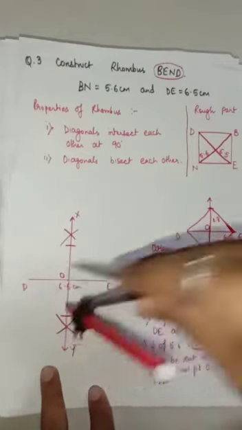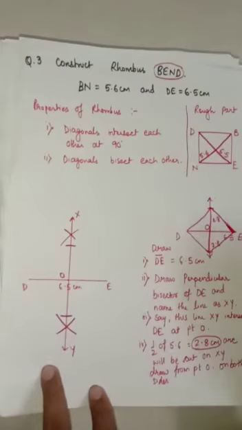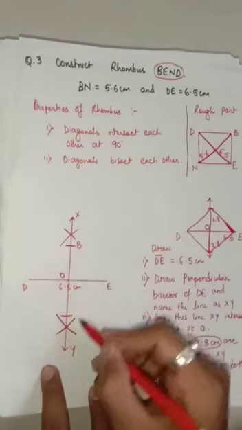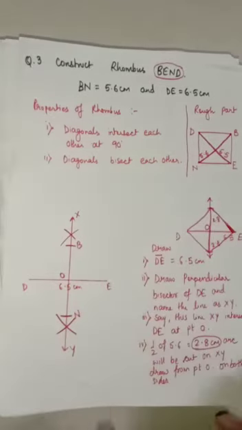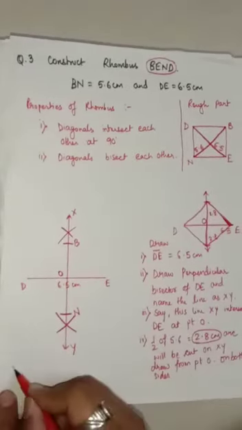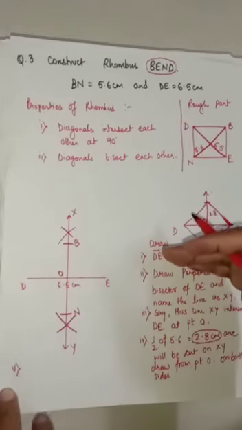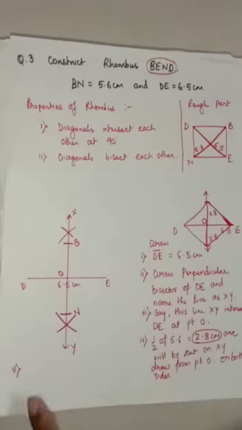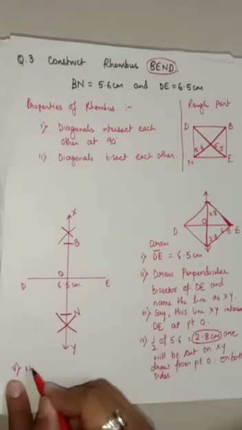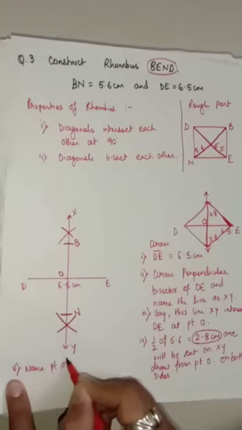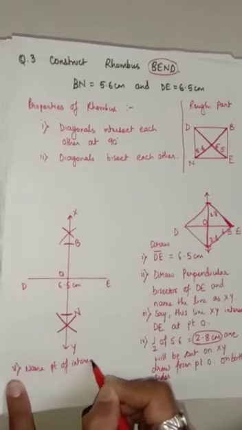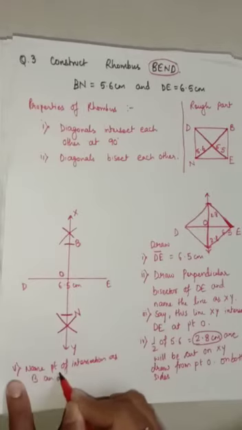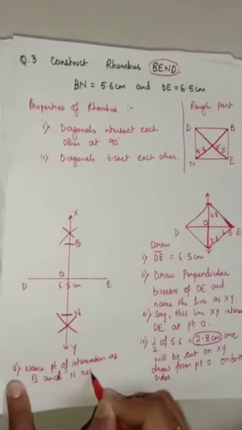These points which we got are B point and N point. Clear? The fifth point I am writing here; in the notebook you write it in a continuous manner. After the fourth point, the fifth point: name the points of intersection as B and N respectively.